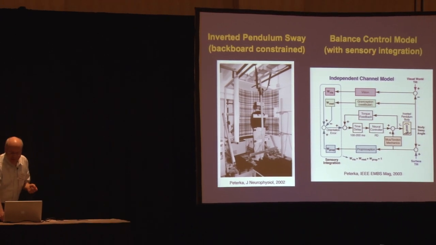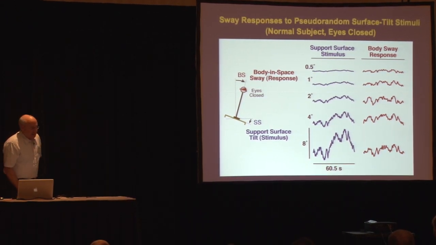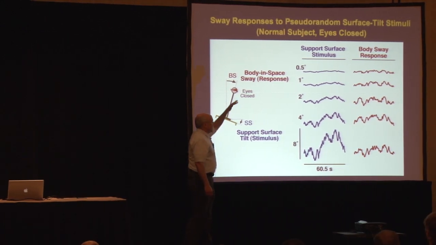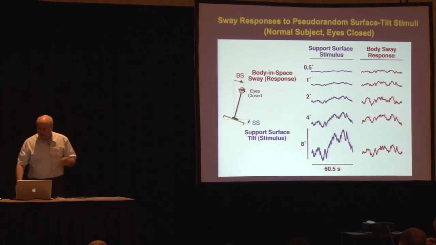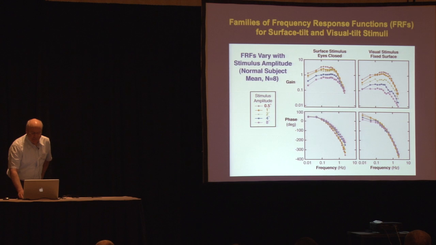So that was the model, and you also have seen this before. That's an example of data, eyes closed, surface tilting. As body sway increases in amplitude, you get this saturation effect, which, if you interpret the results based on that model, comes out to be sensory reweighting as the explanation.